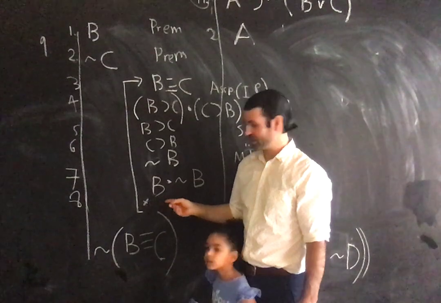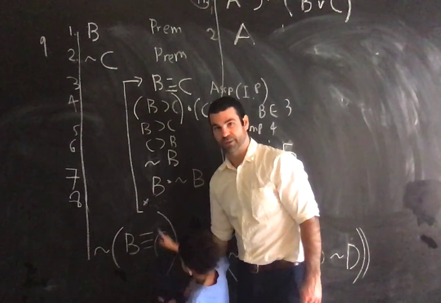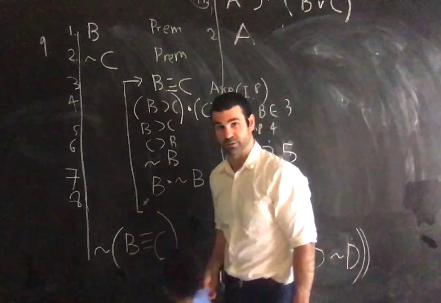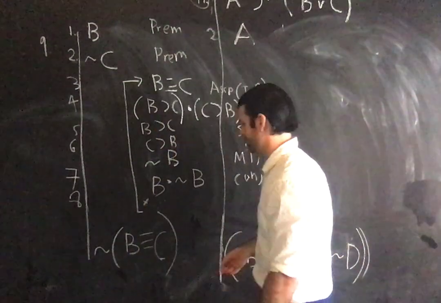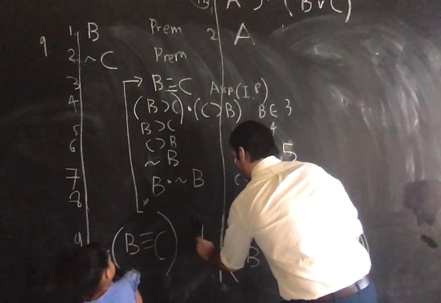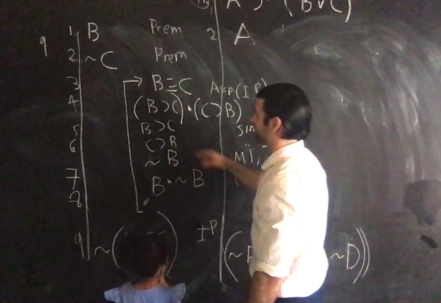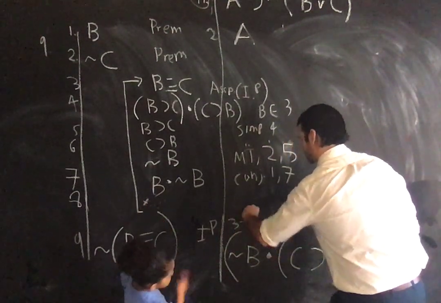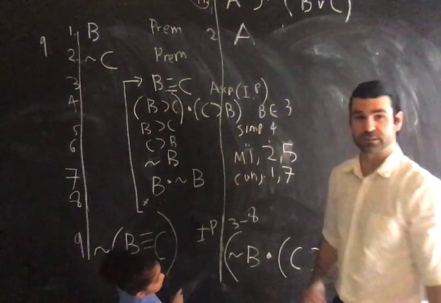So it can't be true. Therefore, it has to be false. Therefore, the negation of B biconditional C has to be true. This is reductio ad absurdum. Okay, and then the last step is 9, indirect proof, and you cite the whole subproof 3 through 8, IP 3 through 8, and that's that.